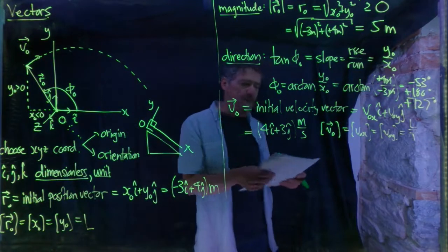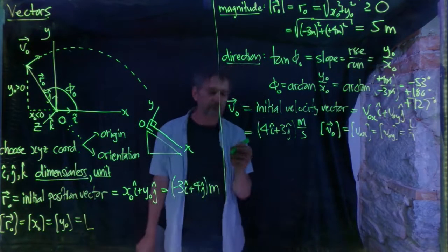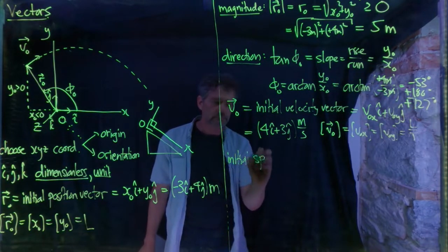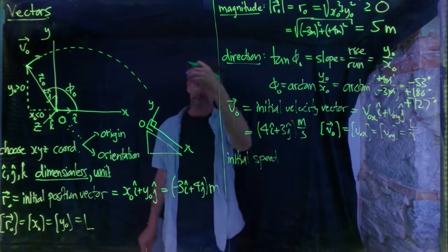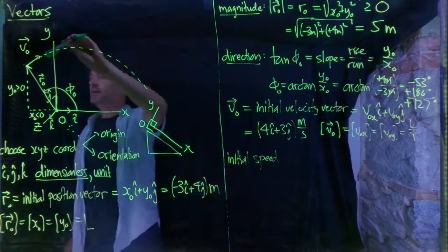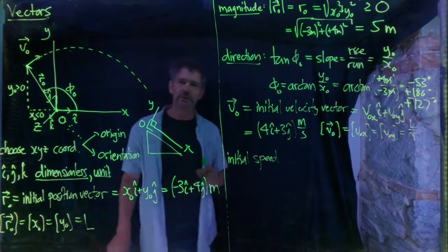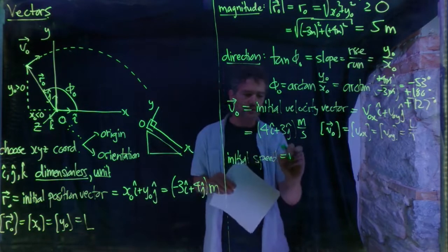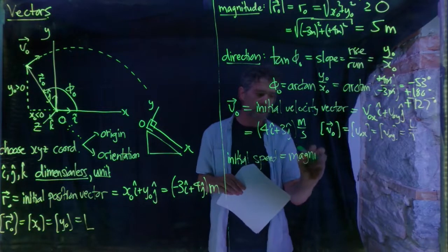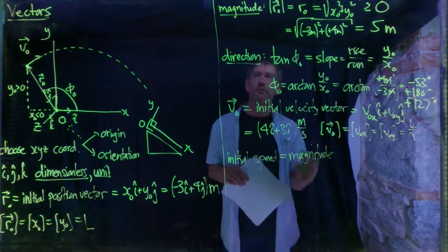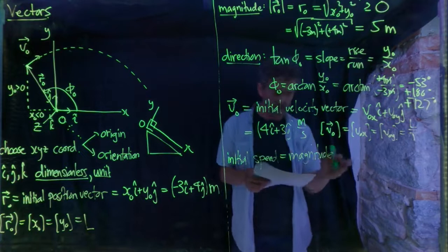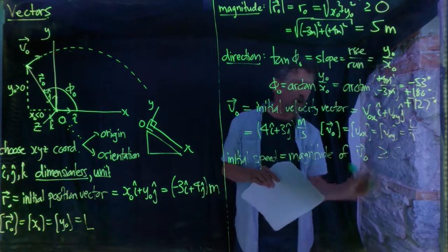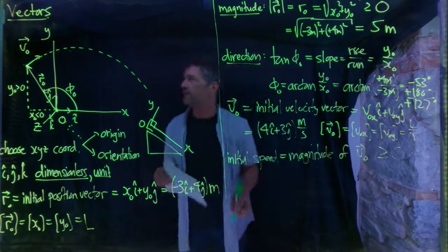So then the initial speed. You remember that speed is the length of the velocity vector. Speed is always positive or 0. So the initial speed is the magnitude, the length of v0, and that's always going to be positive or 0.